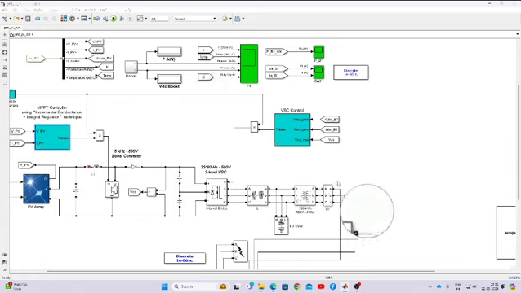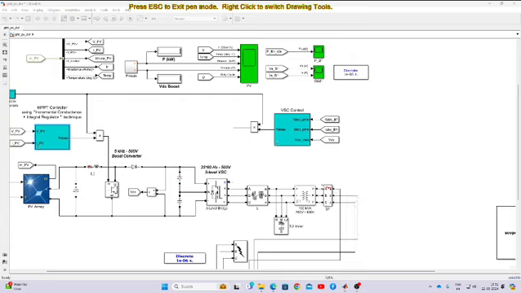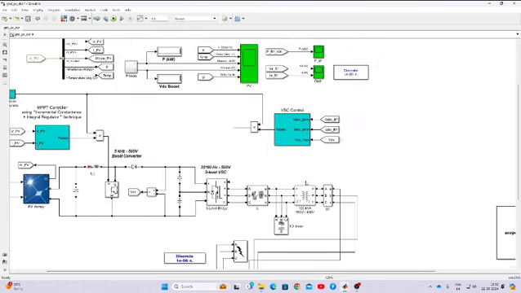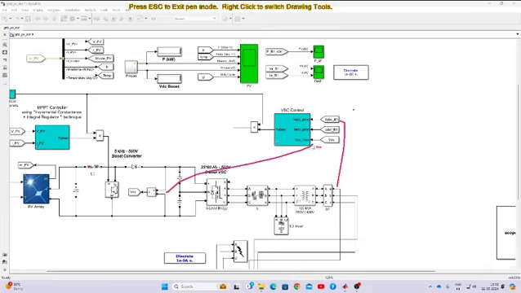At this point we have to measure VABC1 and IABC1, and here we are measuring VABC, IABC, and also VDC.